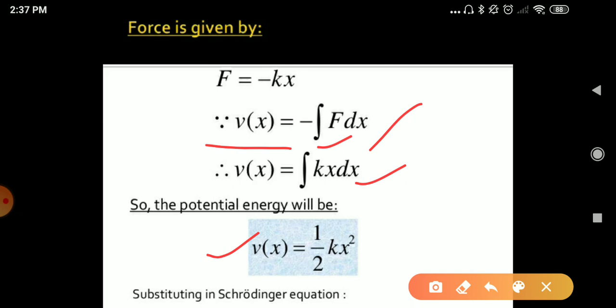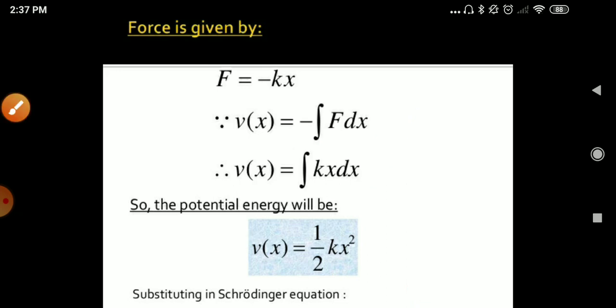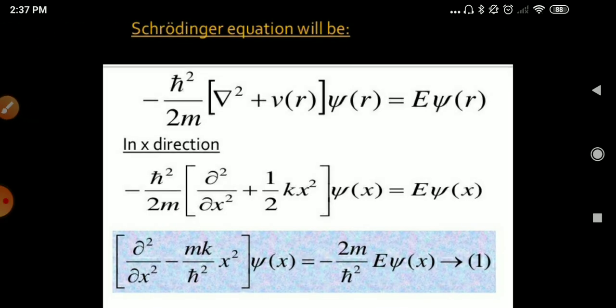Now this value will be put in the Schrodinger equation. Okay, this is the Schrodinger equation: minus h square by 2m del square plus V(r) psi(r) equals E psi(r).